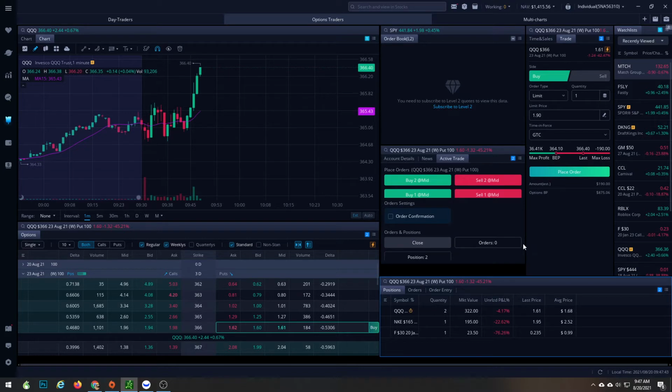It looks like it has a little bit more momentum going up to the upside. So I might actually need to get out or maybe add in. I'm not sure yet.